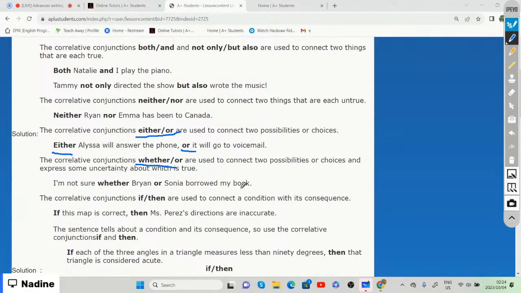So it is used to connect two possibilities or choices and to express some uncertainty about which is true. And an example is: I'm not sure whether Brian or Sonia borrowed my book, meaning there's a possibility that either Brian or Sonia borrowed my book.